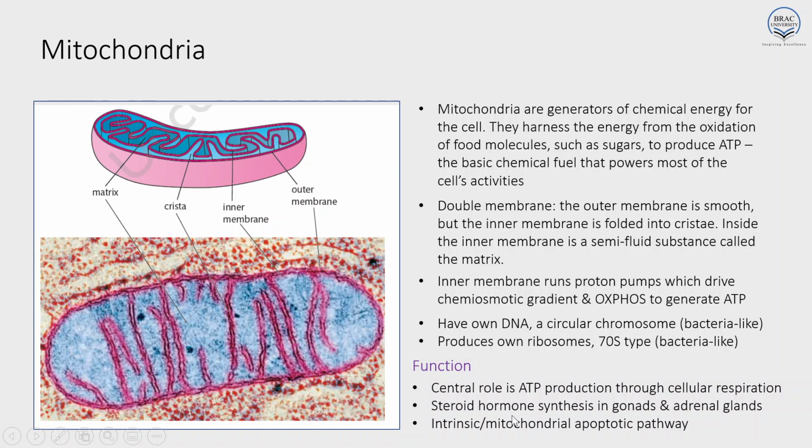So when the cell gets damaged, there is another type of gene, the pro-apoptotic BCL2 gene. Just know the name. So BCL2 genes get activated, and the mitochondrial outer membrane gets permeabilized, and it releases a lot of enzymes, and those enzymes activate the caspase pathway.